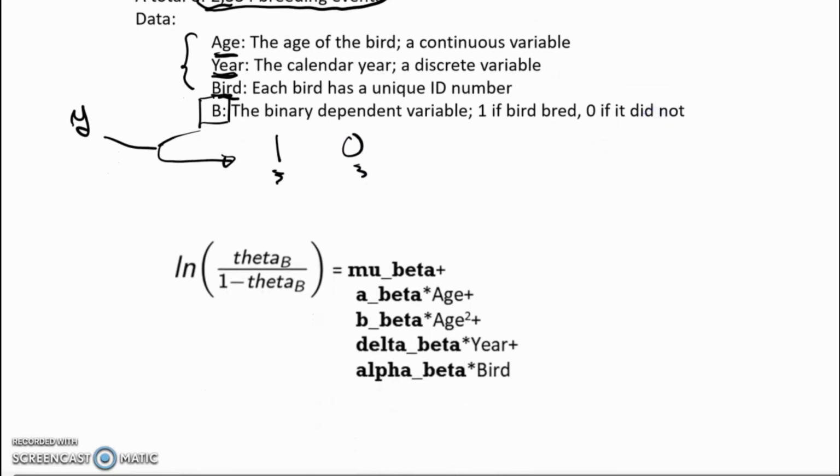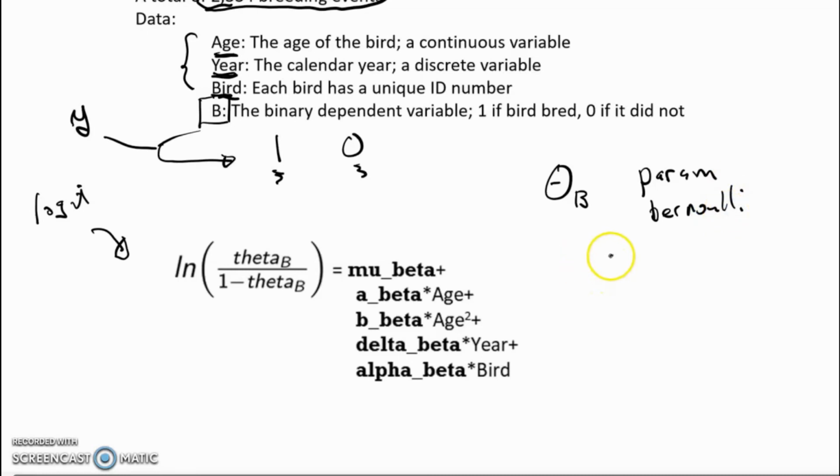And so here's going to be our model. And what we've got here is the logit. And what we're interested in is theta b. So theta b would be the parameter of a Bernoulli distribution from which either a 1 or a 0 was drawn.